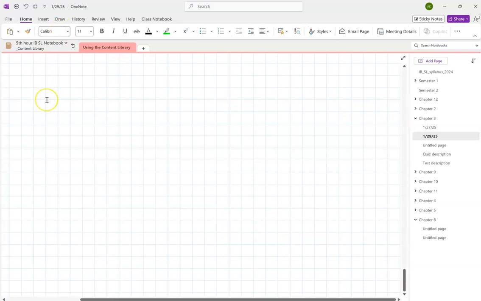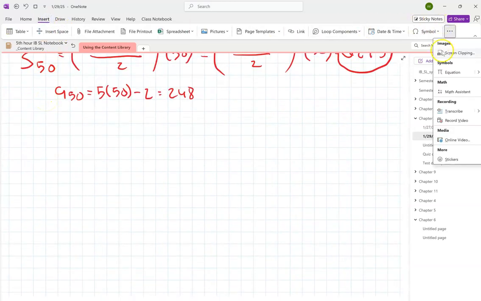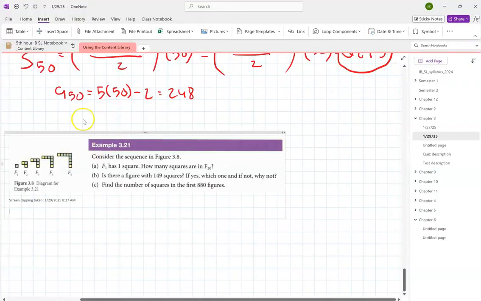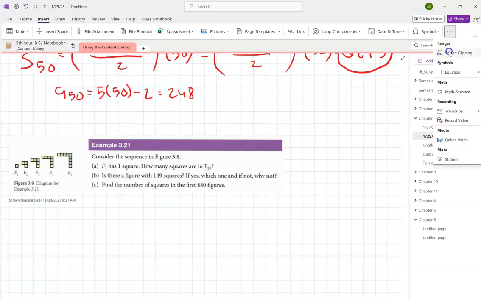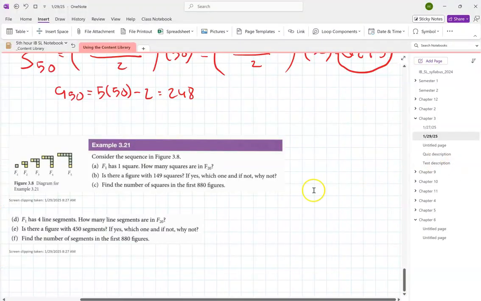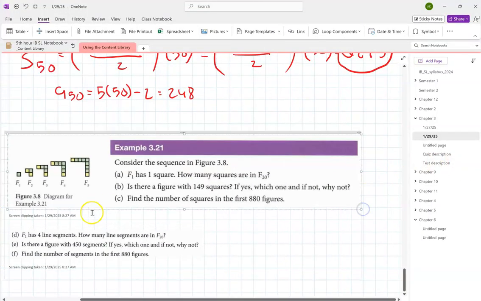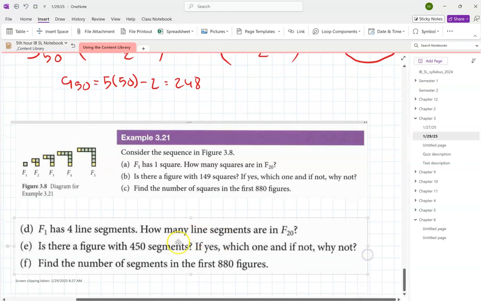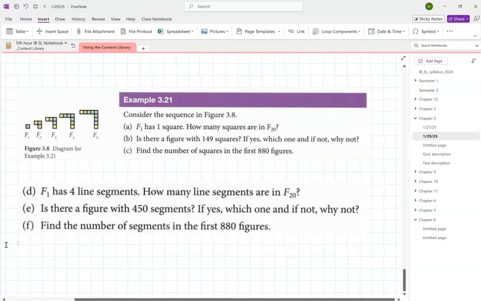All right, let's do another. So it says, consider the sequence in figure 3.8.